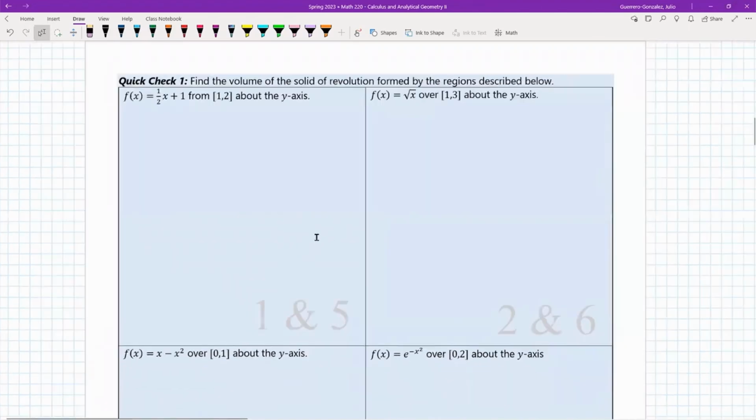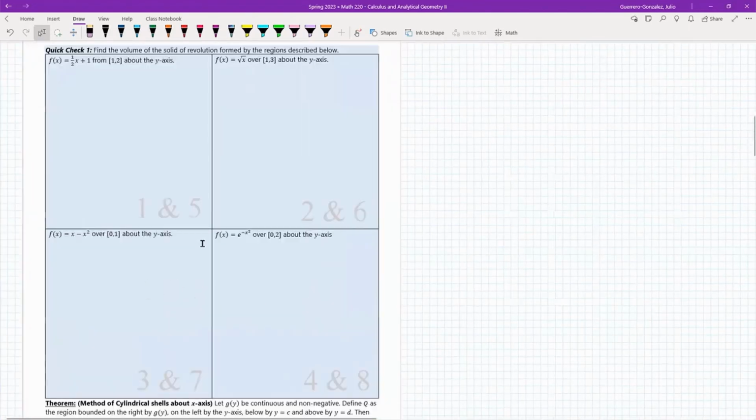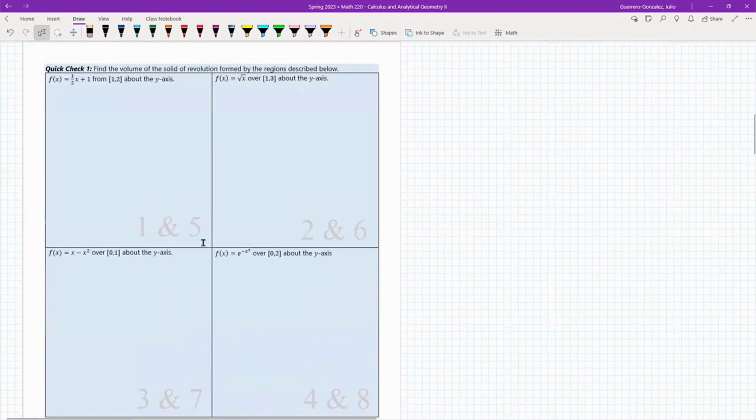When you're doing your quick check, be as meticulous and as exact as you possibly can. The better you do it now, the better it'll get. You'll improve your picture over the semester, and hopefully by the end of the semester you'll be able to draw them pretty nicely.